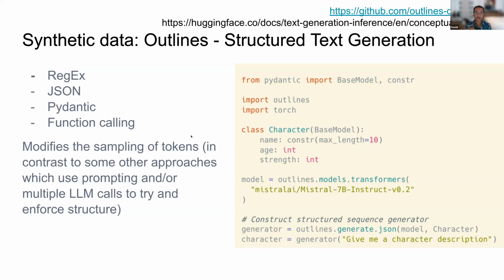This relies on modifying the sampling of tokens. This is a very accurate approach to take, and it also reduces the inference time due to the fact that there's a limited number of tokens that you can actually sample from.